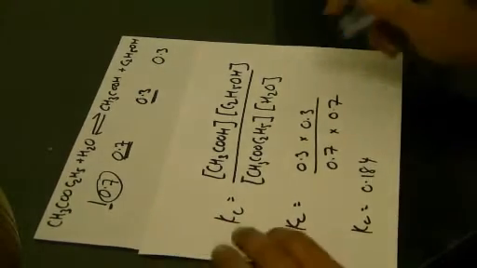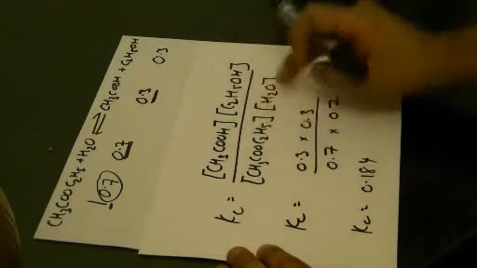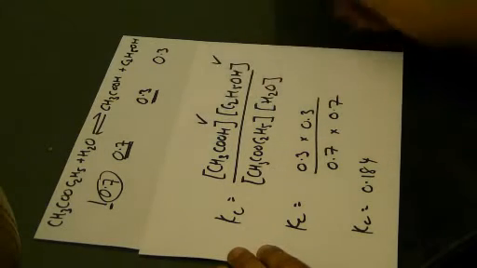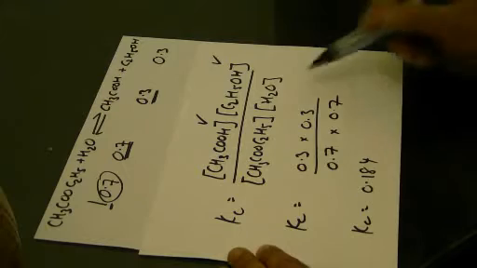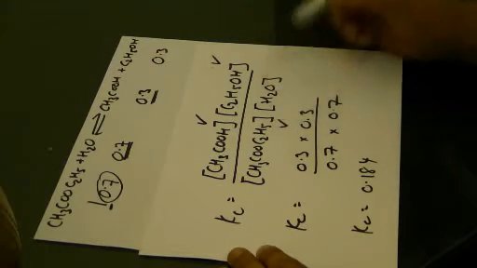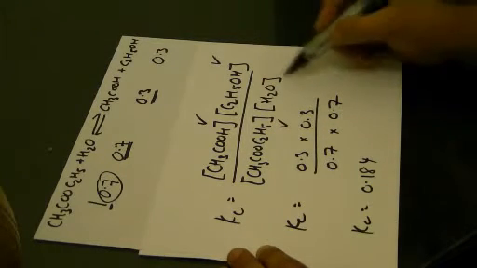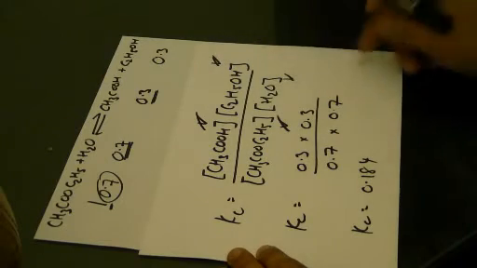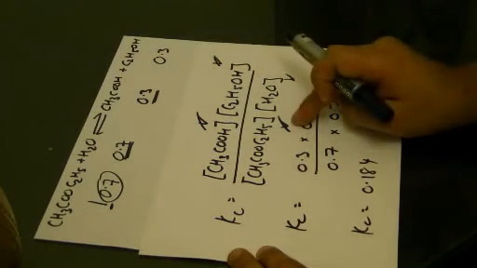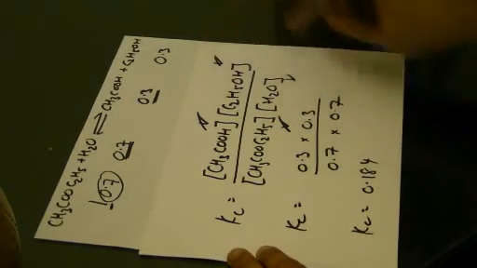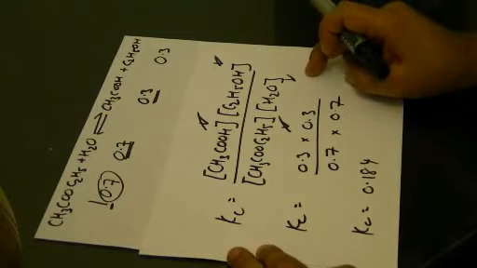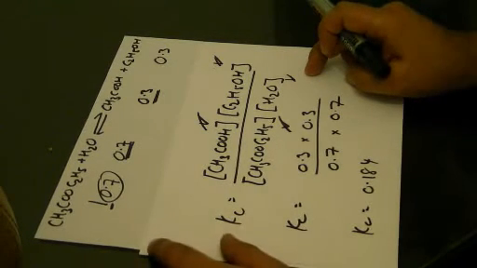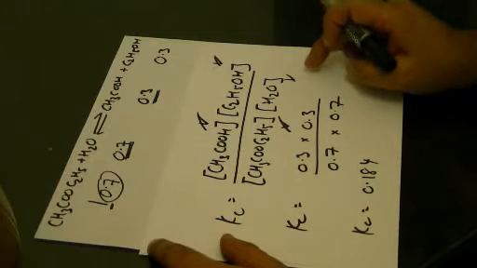Now, I really am not concerned with the volumes at the end, because we can see if we had volume of ethanoic acid and volume of ethanol, underneath that the volume of ethyl ethanoate and the volume of water, these would, in the old terms that we use, cancel each other out. In other words, volume divided by volume is 1, so multiplying or dividing anything by 1 doesn't really change anything.